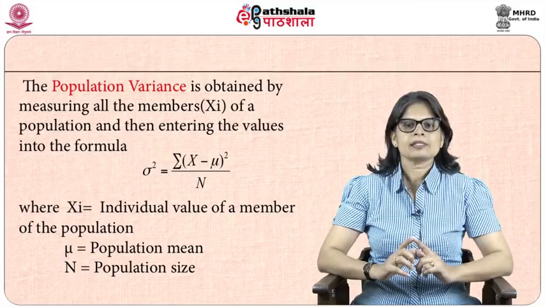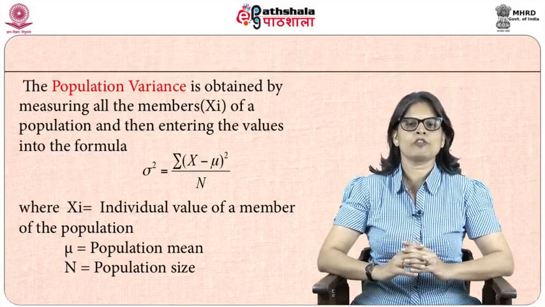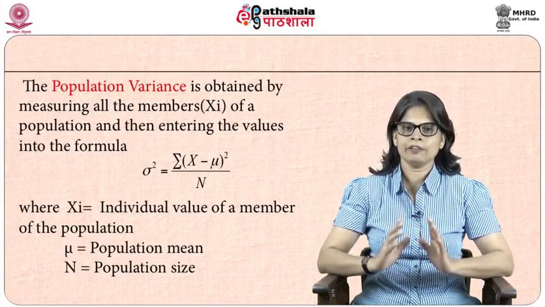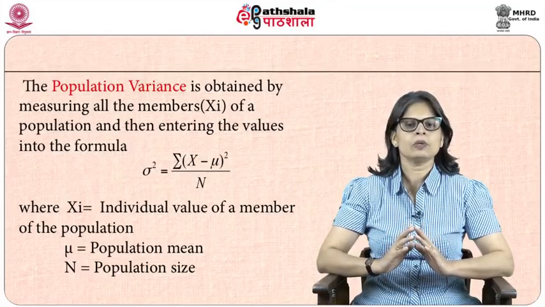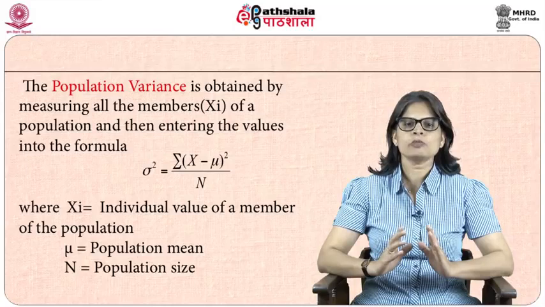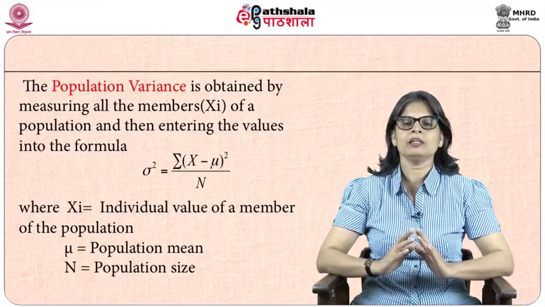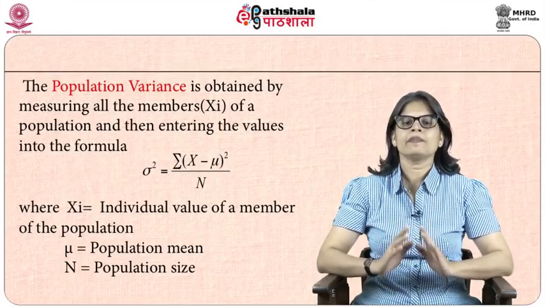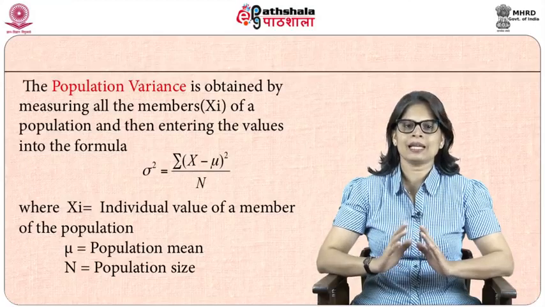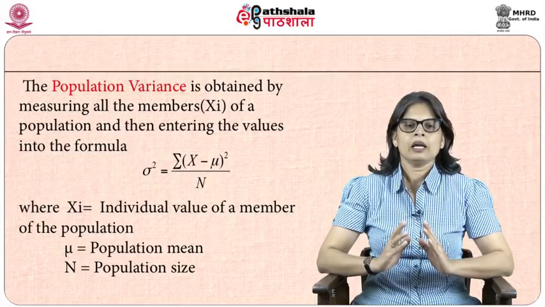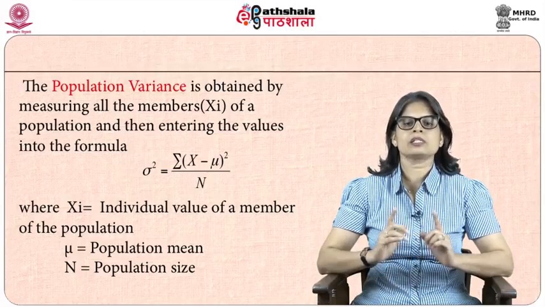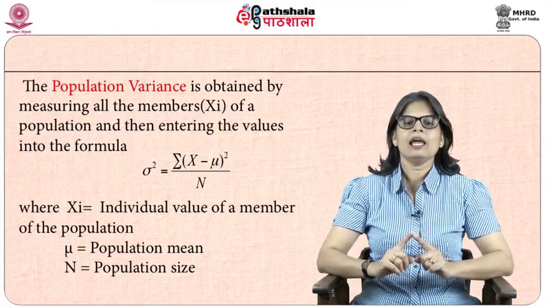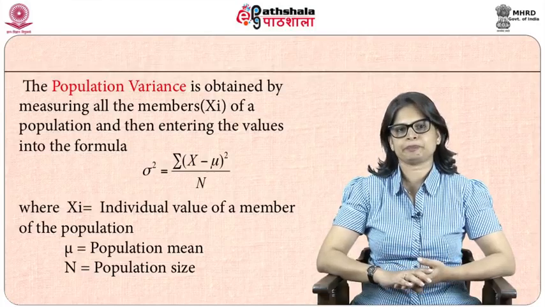The population variance is obtained by measuring all the members of a given population and then entering all these values into the formula given by sigma square is equal to summation (x minus mu) whole square divided by the total number of units in the population, that is capital N. So, in the above formula, x denotes the individual value of a member of the population, mu denotes the population mean and N denotes the population size.